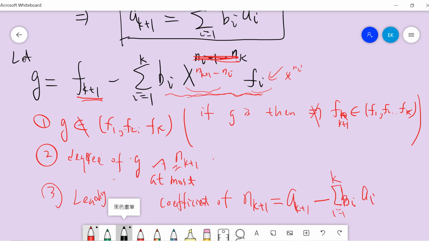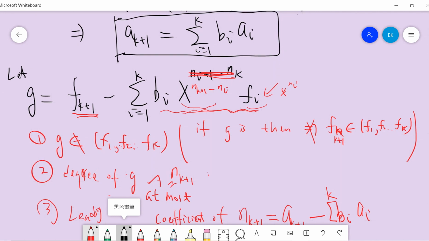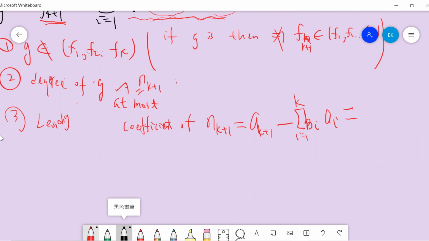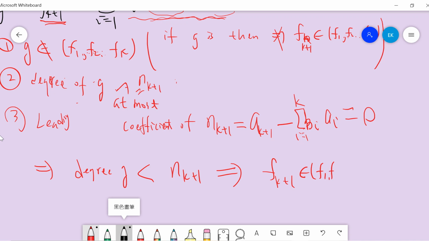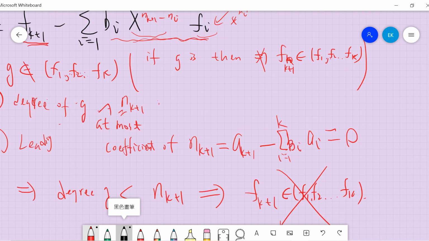But this is our relation, so the coefficient is 0, which tells you that the degree of g must be less than n_{k+1}. But this is a contradiction, because if the degree of g is less than n_{k+1}, then f_{k+1} must fall into the span of this, which is a contradiction.